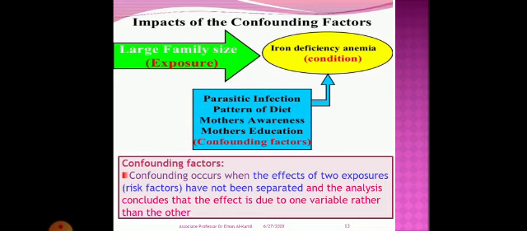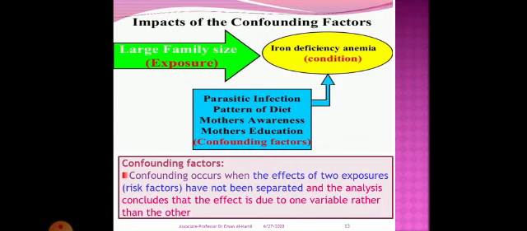So, the impact of confounding factors: it is important to study the effect of confounding factors. Confounding occurs when the effects of two exposures or risk factors have not been separated, and it may affect the analysis and the conclusion, or affect our result.